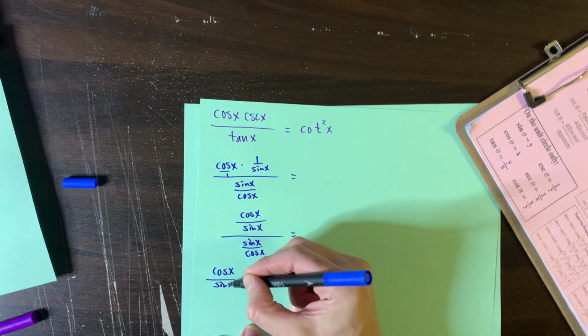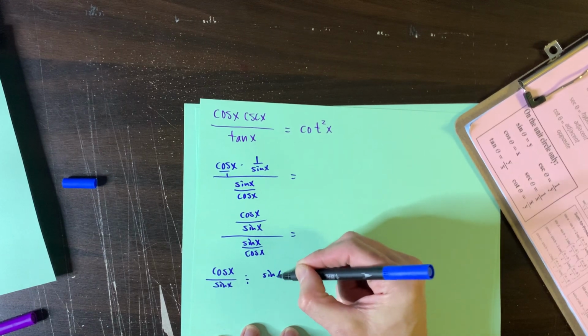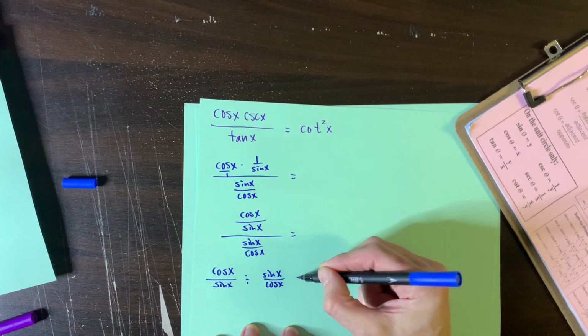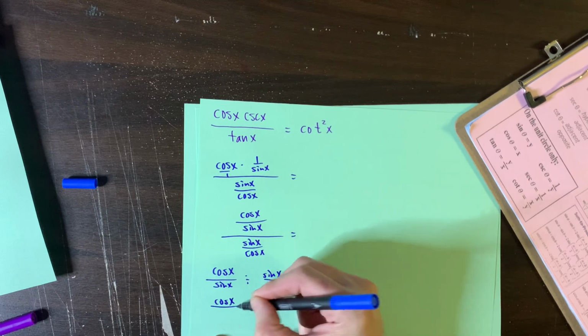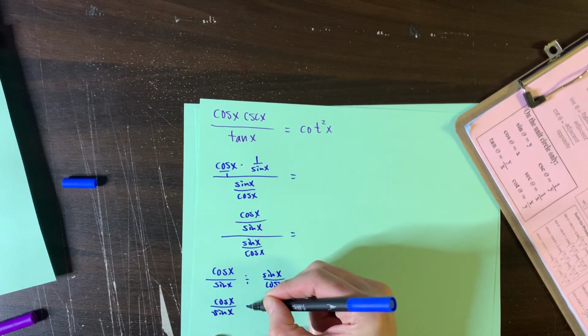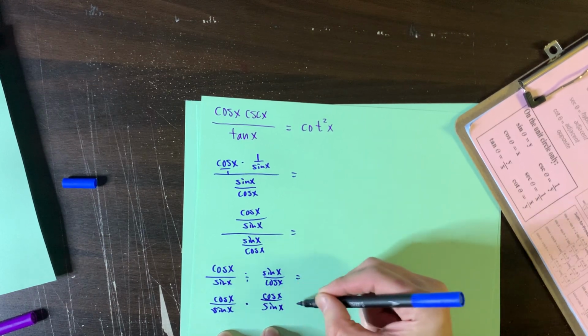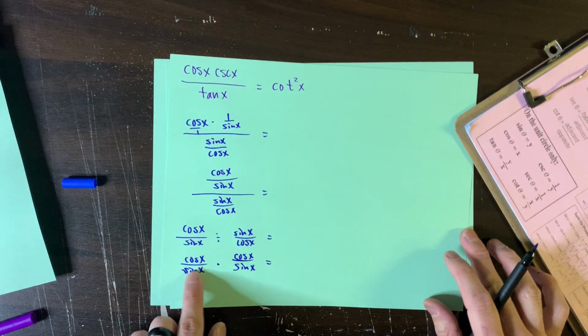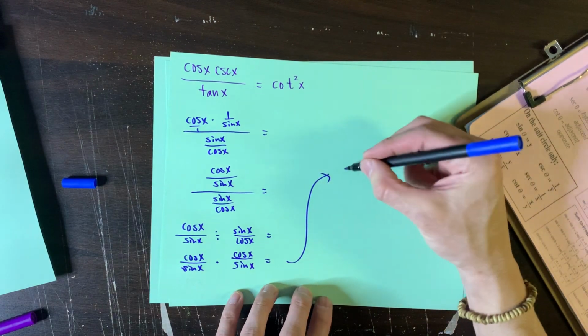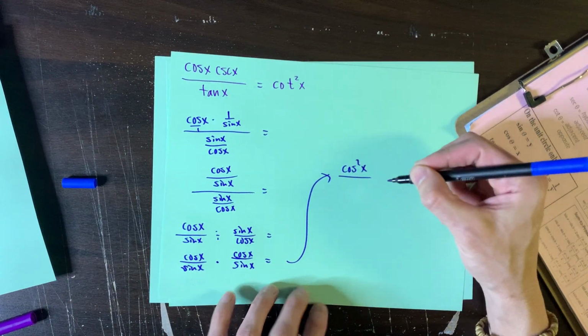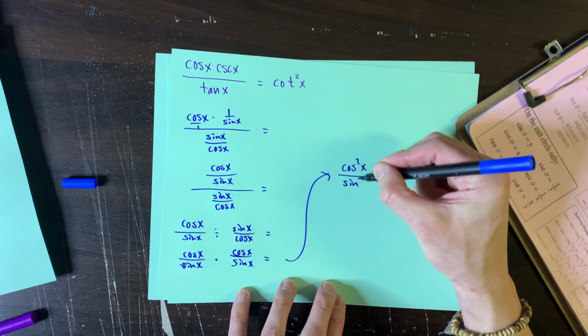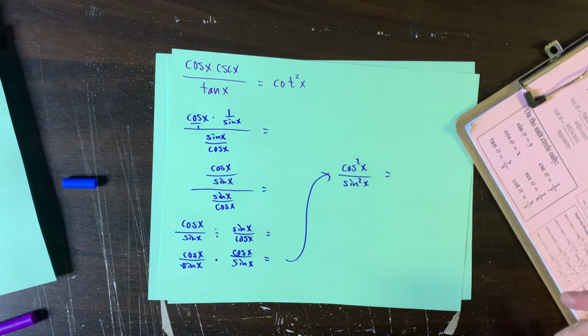We have the top fraction being divided by the bottom fraction, but we prefer to multiply fractions instead. So what we're going to do is multiply, and we're going to turn this one upside down. And then, of course, we have cosine times cosine would be cosine squared. And in the bottom, sine times sine is sine squared.